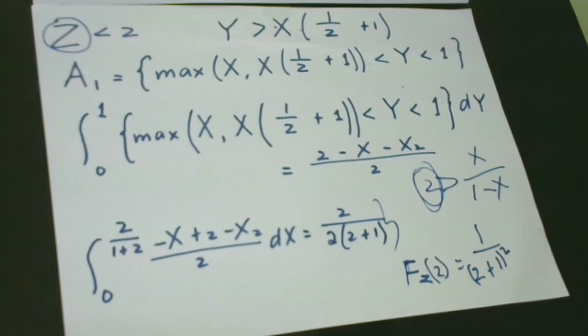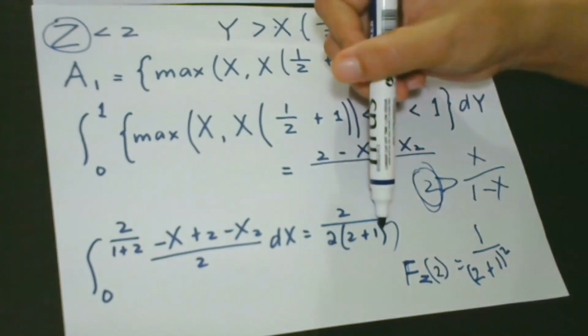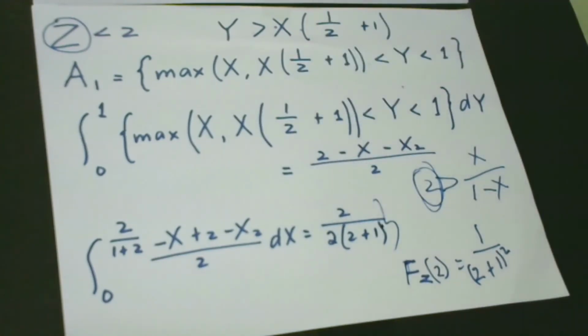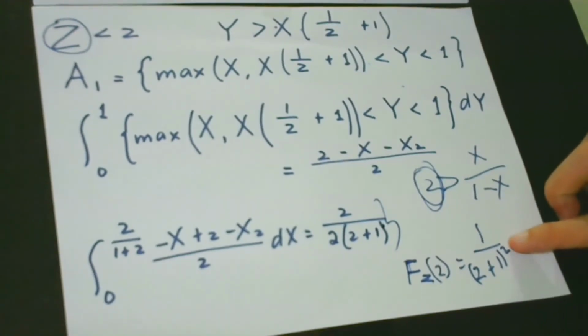As you could see here, we just differentiate the last expression. And where is that expression? This expression. Then we do some kind of differentiation, and we got this one.